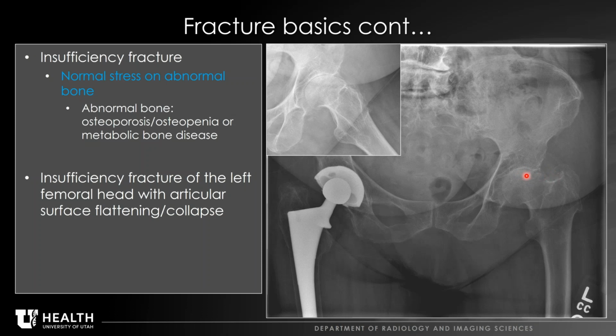And so this is an insufficiency fracture of the femoral head. Now, in younger patients or patients who are on a lot of steroids, we'd be concerned that this could also be avascular necrosis. We don't see a lot of sclerosis under it, which is why this was favored to be an insufficiency fracture as opposed to avascular necrosis, having subchondral collapse.